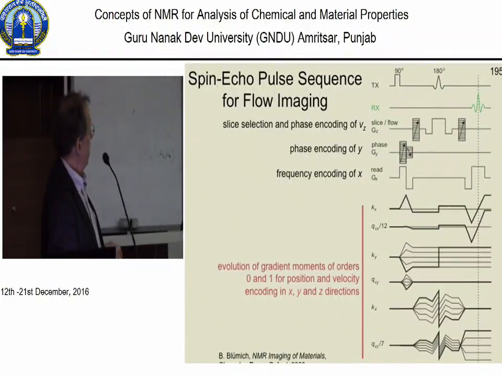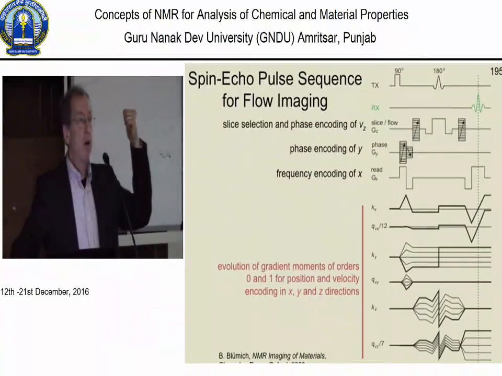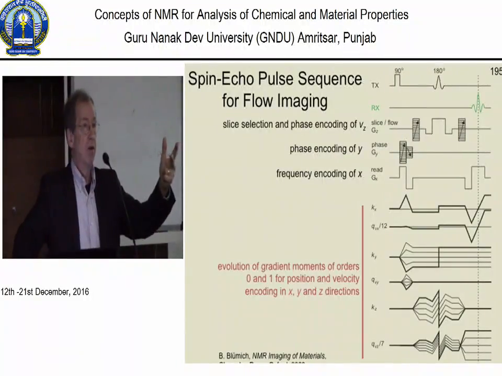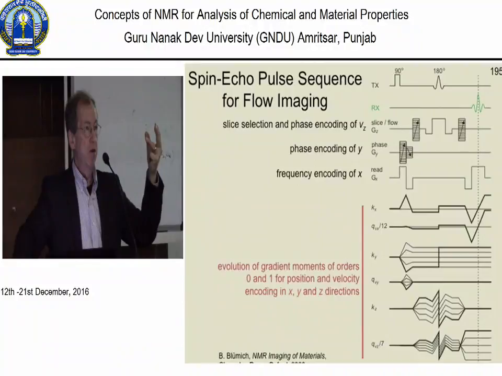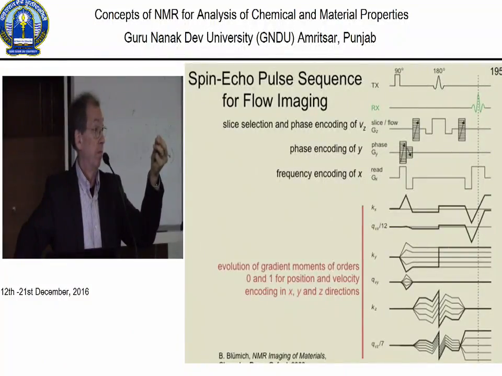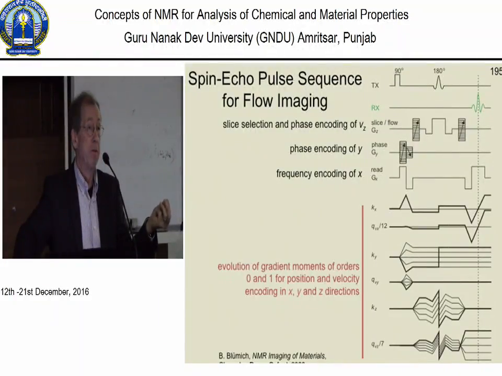And you see there is kx, there is qx, ky, qy, kz, qz. So we have to encode 3 spatial dimensions for the image, and 3 spatial dimensions for the velocity vector, because it also has x, y, and z components. It's a lot of encoding to do.